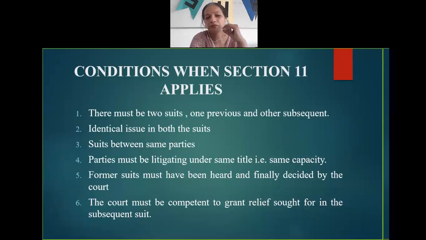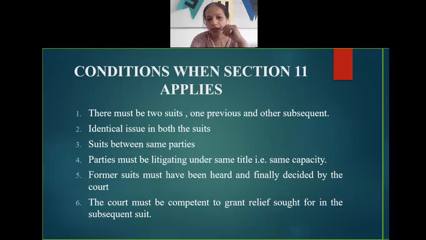Next, the court must be competent to grant the relief sought in the subsequent suit. That is to say, the former court and the subsequent court are both competent to enter into the matter. Student, I keep on saying that the filing of a suit cannot be stopped, but yes, the entertainment of the suit could be stopped. So, by exercising the right to file a suit, the party might have first instituted one suit and later instituted another suit, that is to say, a subsequent suit.